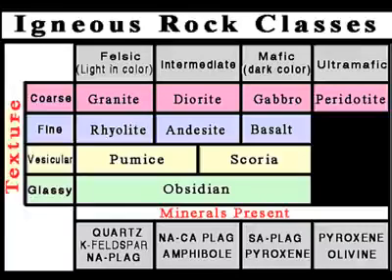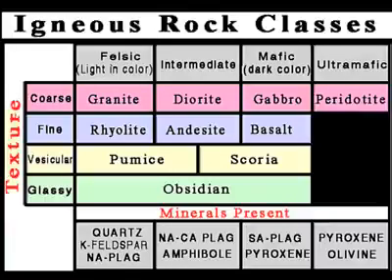All coarse-textured igneous rocks, colored violet on the chart, are intrusive. All fine-textured rocks, blue, yellow, and green, are extrusive. As indicated on the bottom row of the chart, the other fundamental criterion for naming an igneous rock is the relative quantities of the felsic and mafic minerals in it.